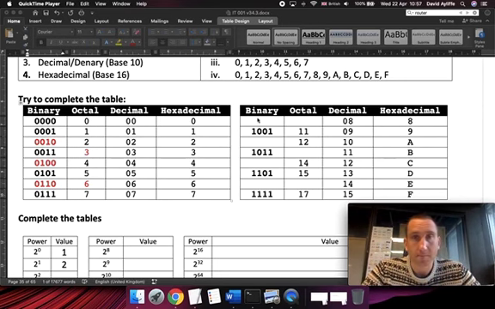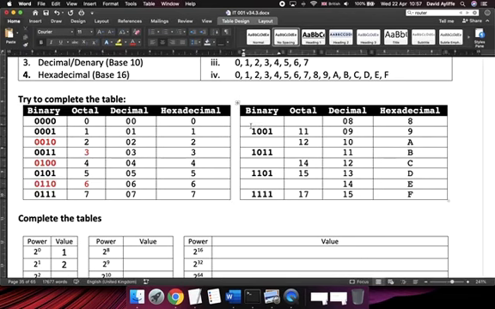So this is 6. Decimal 8, well, we can see 7 and we can see 9, so decimal 8 must look like this. Decimal 9 looks like that, decimal 11 looks like that, so decimal 10 must be that, because we know how to make 2 and we know how to make 8, so we know how to make 10.